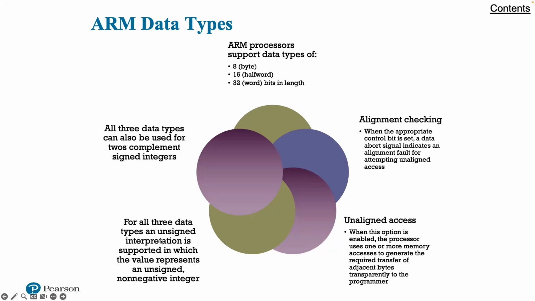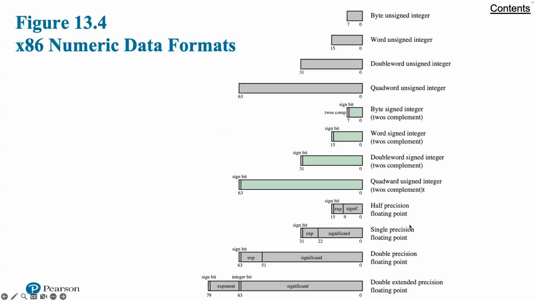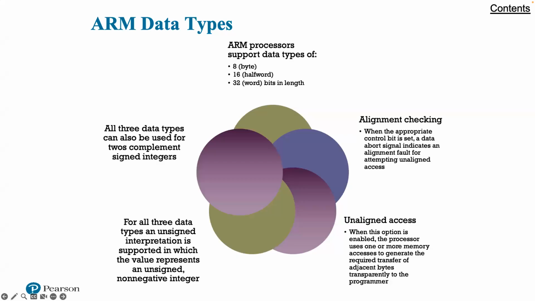For all three data types, an unsigned interpretation is supported in which the value represents an unsigned non-negative integer. I'll go back to this chart since it's easy to see. I could have 32 bits and potentially interpret them in more than one way. Maybe as a really smart programmer, I can take advantage of this to have either a regular interpretation or an unsigned interpretation.